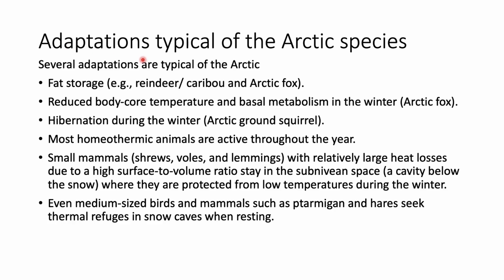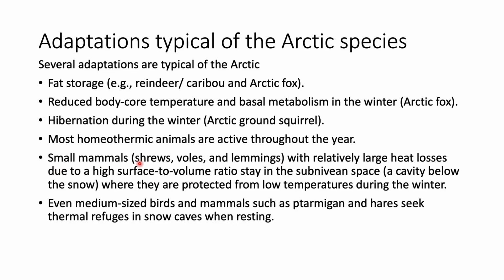Let us look at some examples of these animal adaptations. For example, fat storage is mainly seen in reindeer or caribou and the Arctic fox. They have this specific adaptation. The reduced body core temperature and basal metabolism in the winter is seen in the Arctic fox. Hibernation during winter is mainly seen in Arctic ground squirrels. Most homeothermic animals are active throughout the year.